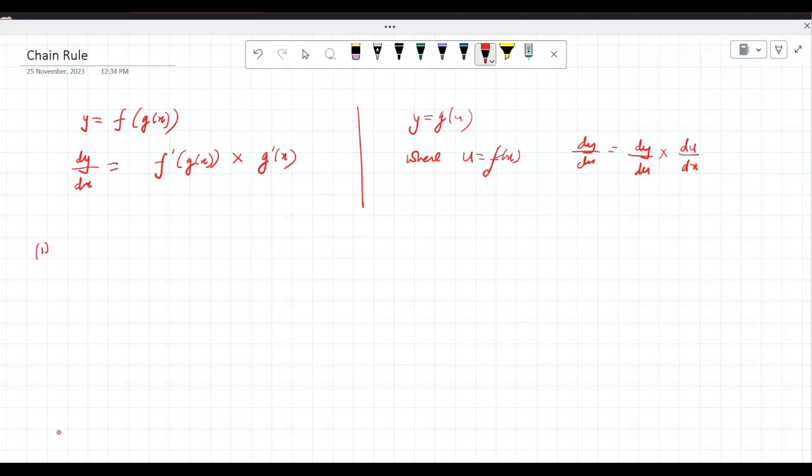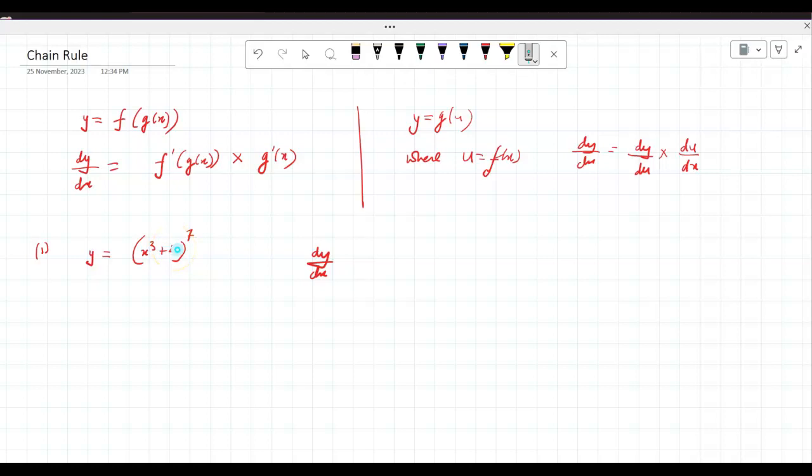Y is equal to (x cube plus 4) raised to 7. So what will the derivative be? What is my outer function, do you think? The outer function is something raised to 7.